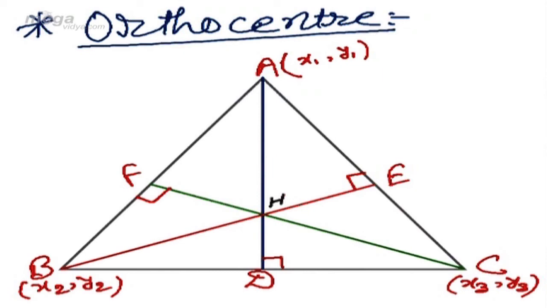Similarly, we will find the slope of AC, and from there the slope of BE. With the point x2, y2 on BE, you can find the equation of BE. Now to get the coordinate of H, we will solve the equations of BE and AD. By solving those two, we'll get the coordinate of H.